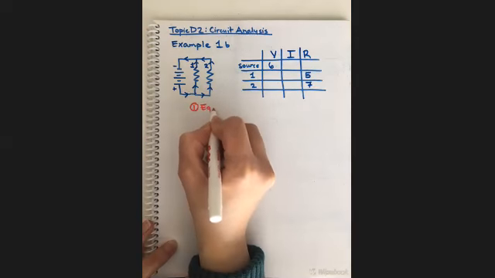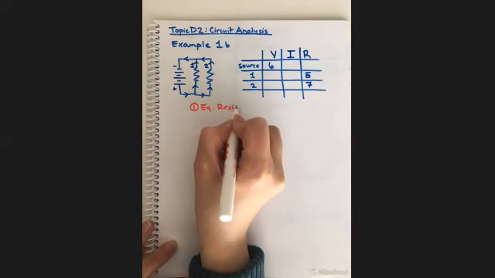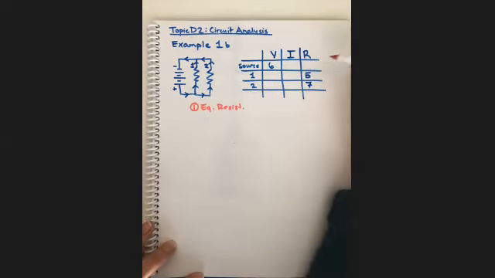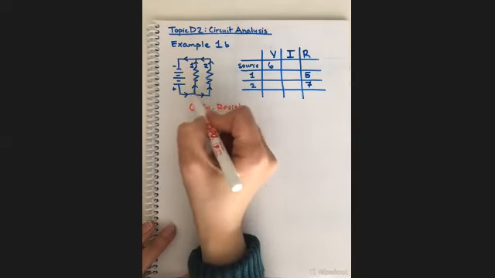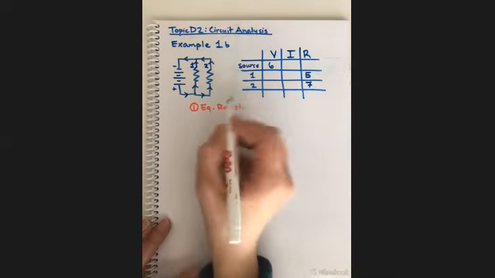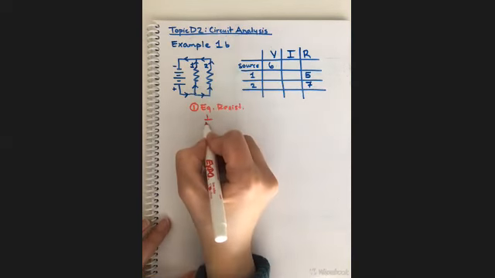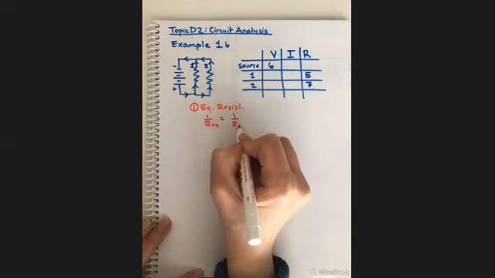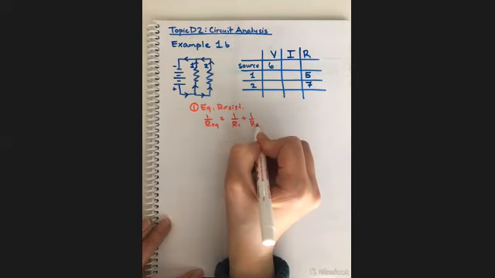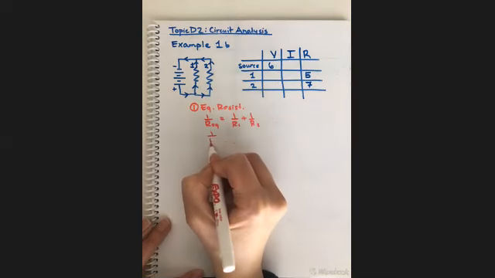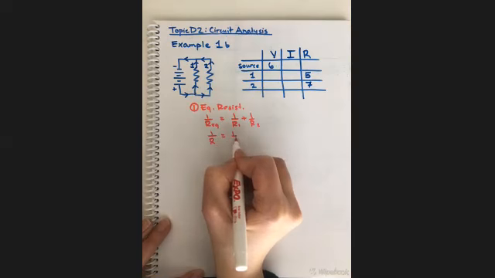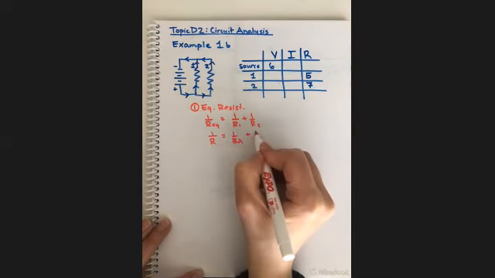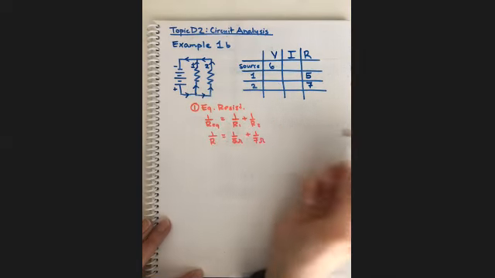So equivalent resistance. Now, in this case, we do not just add up the 5 and 7 ohms. They are not in series with each other. So the formula is 1 over R equivalent equals 1 over R1 plus 1 over R2. I sub in 1 over 5 ohms plus 1 over 7 ohms.